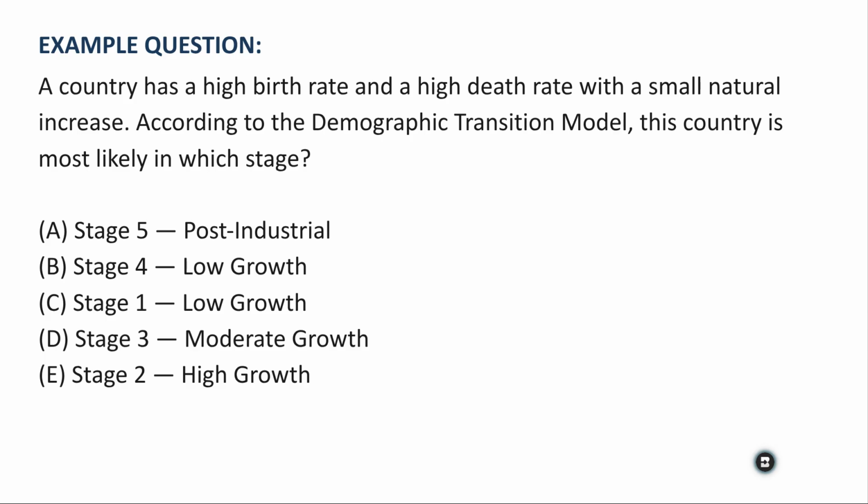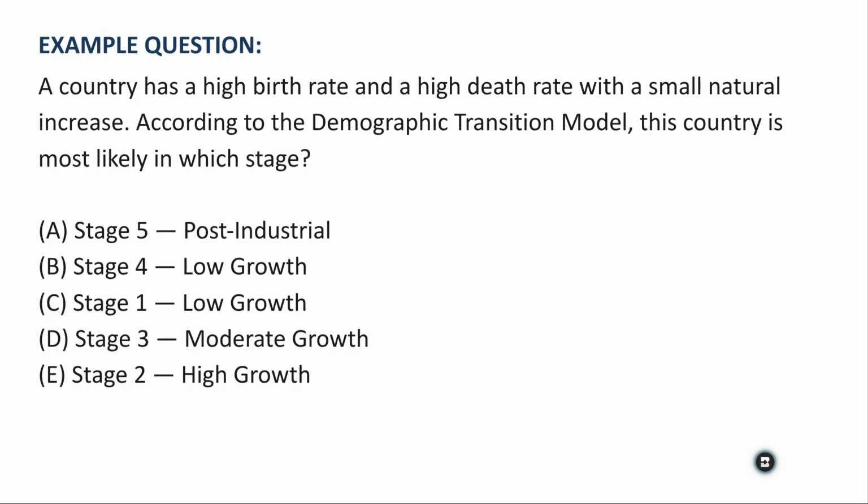So now we get to decide which ones we need to eliminate. The process we need to follow inside the POE process is eliminating answers one by one. Now, option A is stage 5, post-industrial.